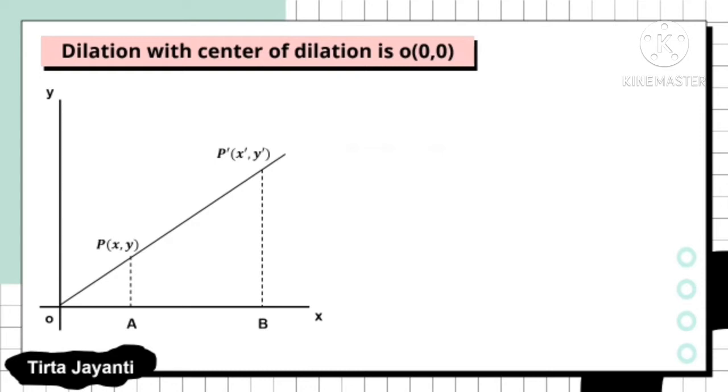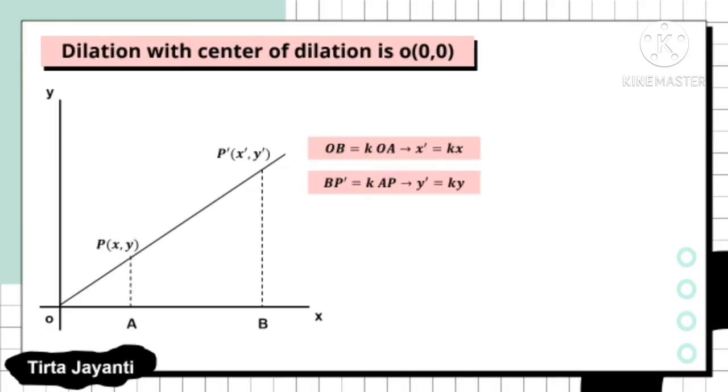Then an image appears from P, which we call P prime. In this Cartesian graph, the distance from the point O to the point B, written as OB, is equal to k times OA. So, x prime is equal to k times x, where k is the scale factor.